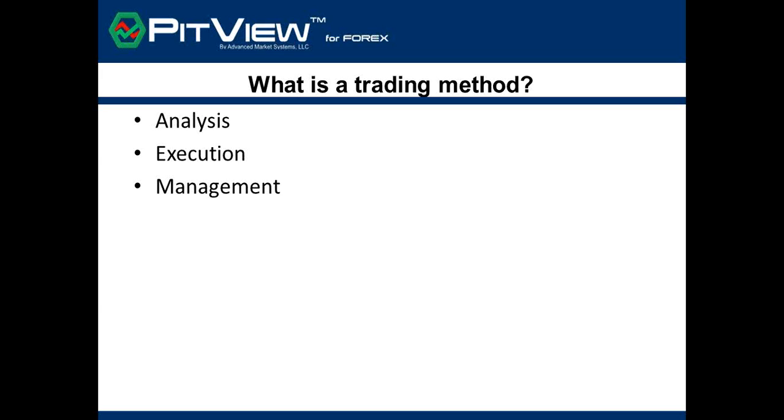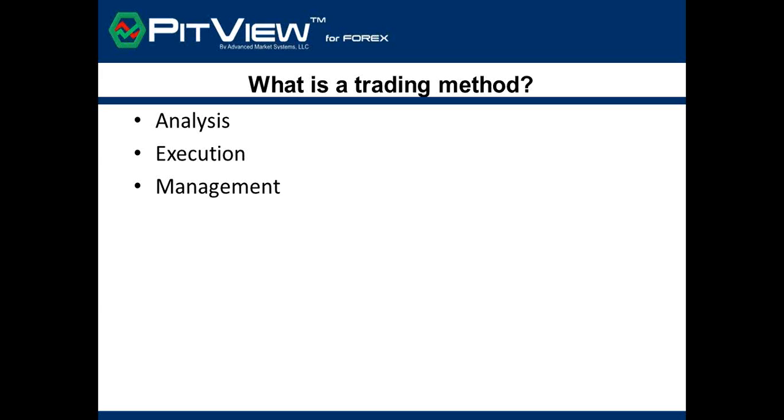The execution stage is where we pull the trigger. It's another big problem a lot of traders have, not being able to pull the trigger on trades. I actually pulled the trigger on one this morning for a couple of you. Being able to pull the trigger, the entry and exit of a trading method, is a very important piece of it, and then also managing your risk, essentially.